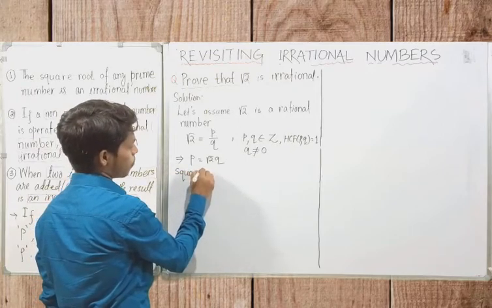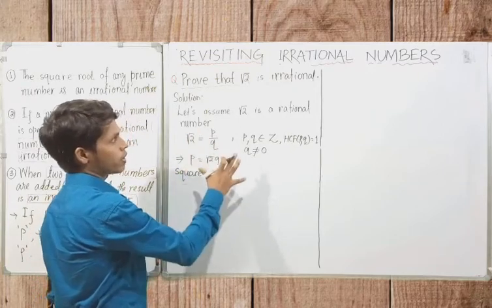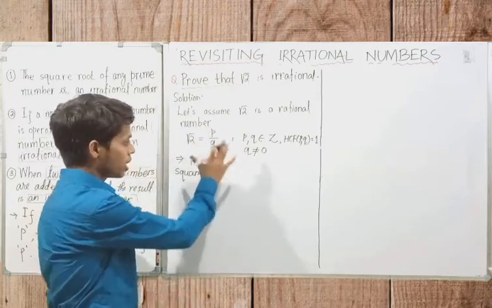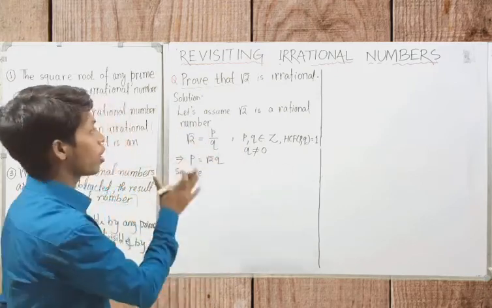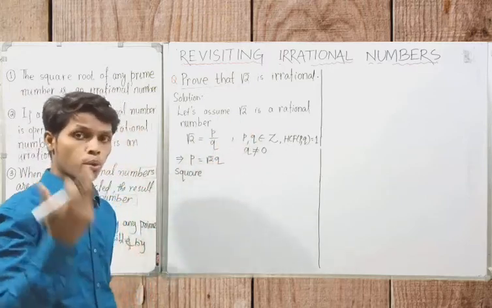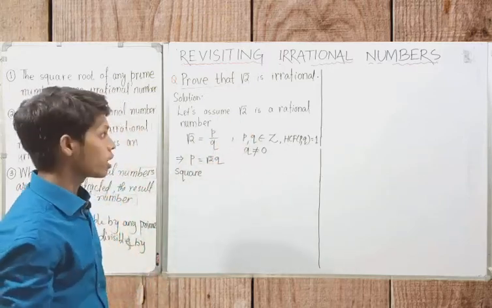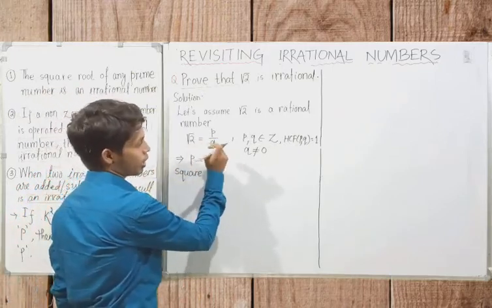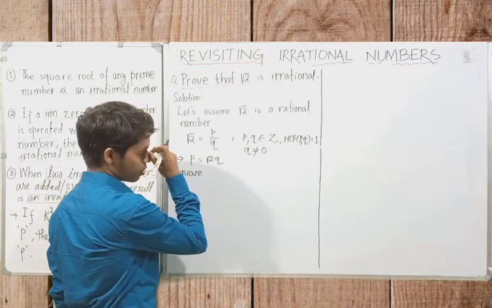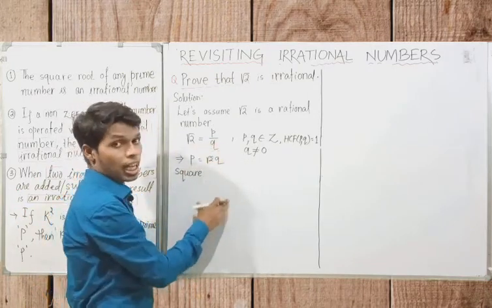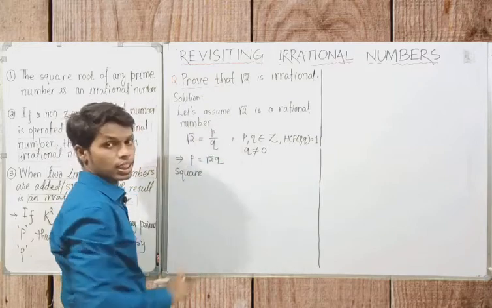So this is just a frame of solving this type of questions. If you learn this frame or this process of proving root 2 as irrational, then you can also prove for root 3, root 5, root 7, root 11 in the same way. So just pay your attention to the steps that I am following to prove this as irrational.